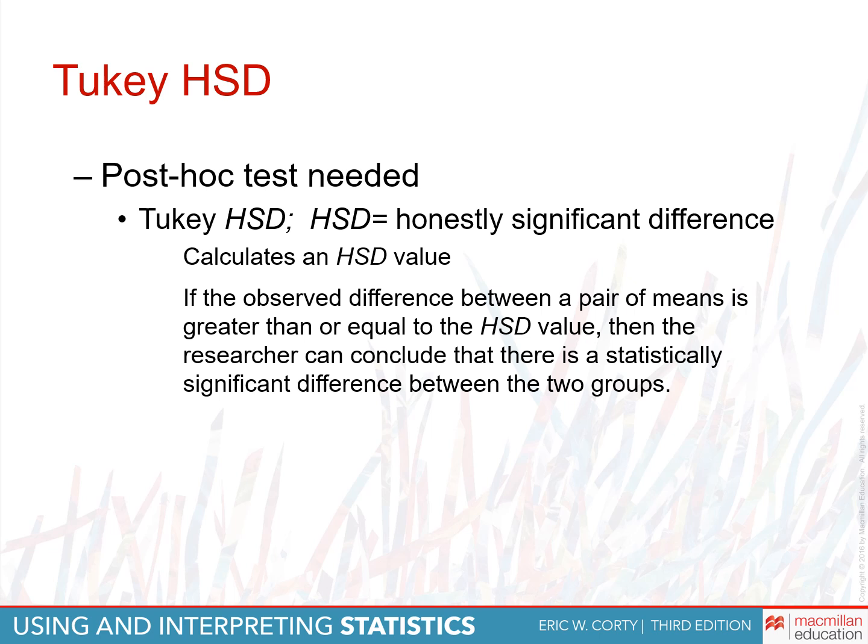And remember, HSD stands for honestly significant difference. Basically what you'll do is you'll get an HSD value. And if the difference between a pair of means is greater than or equal to that HSD value, then we can conclude that there's a statistically significant difference between the two groups. I'll show you this in the context of our data.